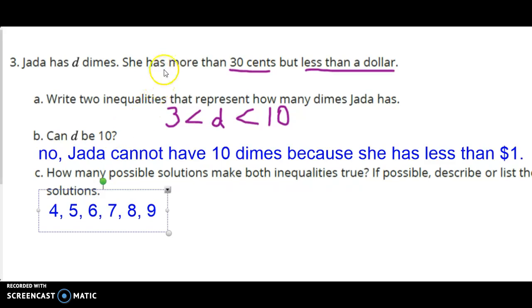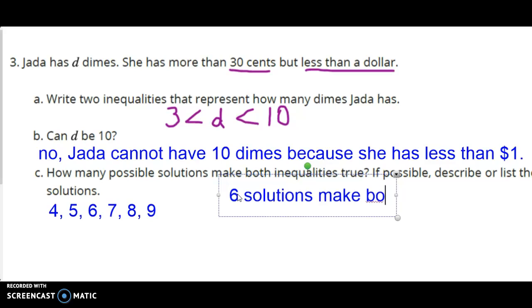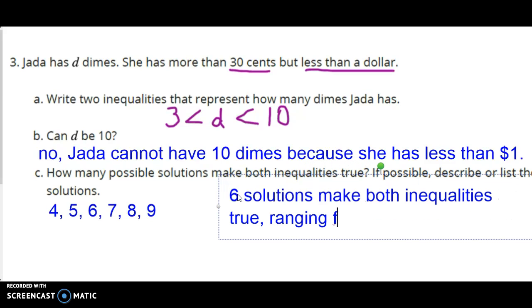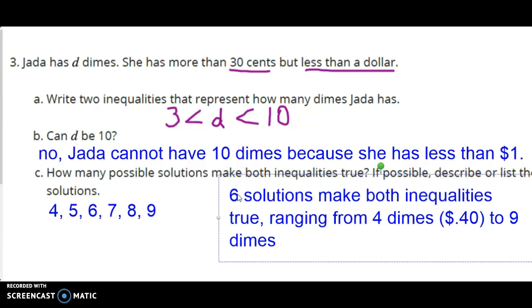That's it. How many solutions is that? 1, 2, 3, 4, 5, 6. 6 solutions make both inequalities true, ranging from 4 dimes, which would be 40 cents, to 9 dimes, which would be 90 cents.